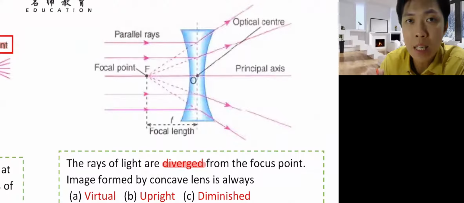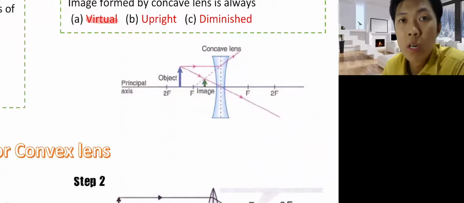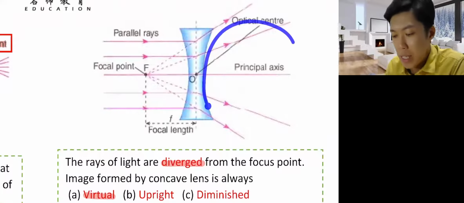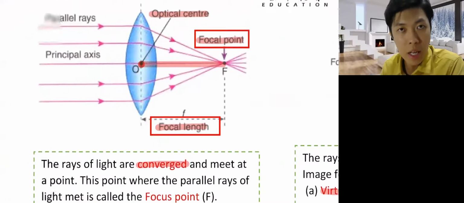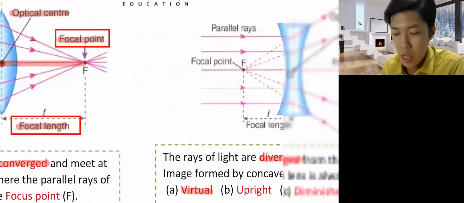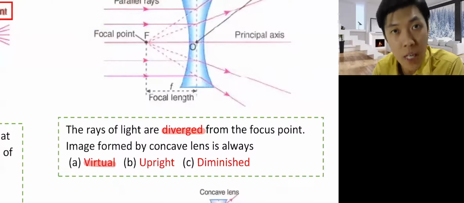So this lens will have a virtual image, meaning it will not form on the right side. If it forms on the right side, that's called real. If it forms on the left side, that's called virtual.